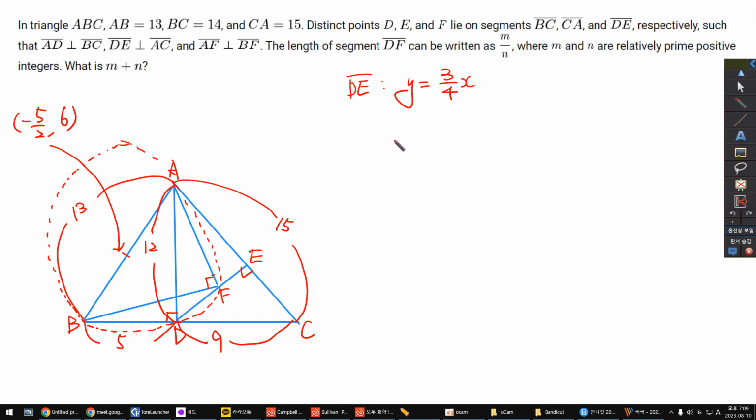So the equation of the circle is this. And to find the coordinate of point F, we can change this y to 3 over 4 times x.